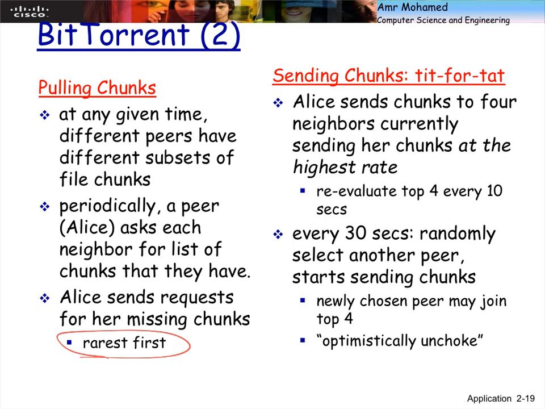And when I talk about this, it is not coming by chance. When you say 4, 10 seconds, things like this are the result of the experiments that they did. Because someone might ask, why 4? Why every 10 seconds? Why every 30 seconds? This is based on experiments. They have done lots and lots of experiments, and they have changed these parameters.